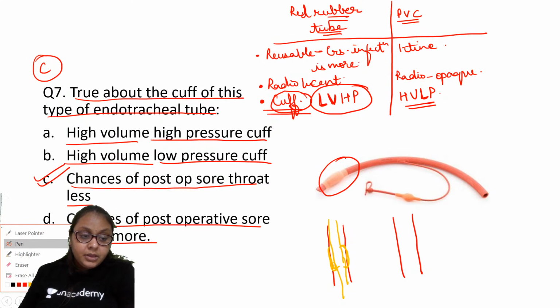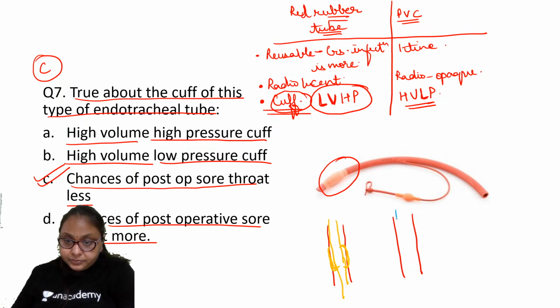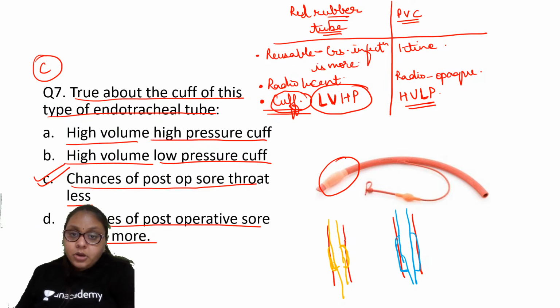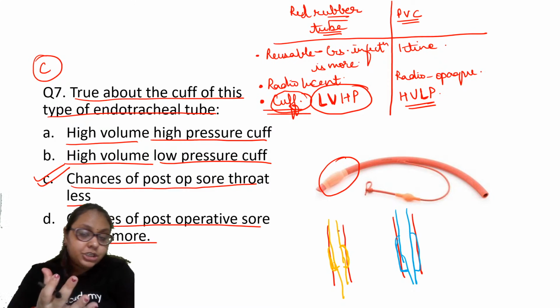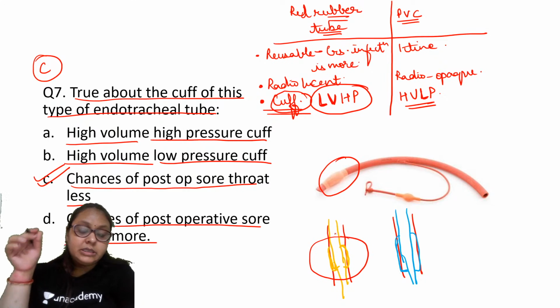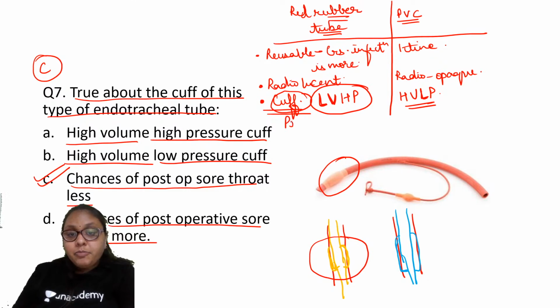And in this I'm inserting the PVC, which is a low pressure but high volume cuff. Now, because the red rubber tube is a high pressure, low volume cuff, what will happen? There are more chances of pressure necrosis and trauma to the trachea in case of red rubber tube.